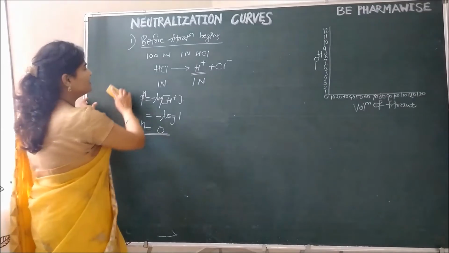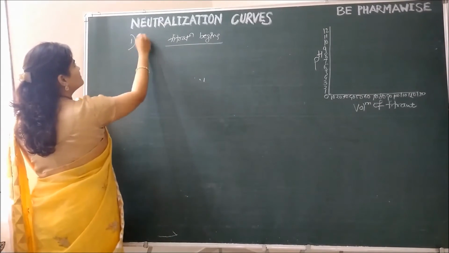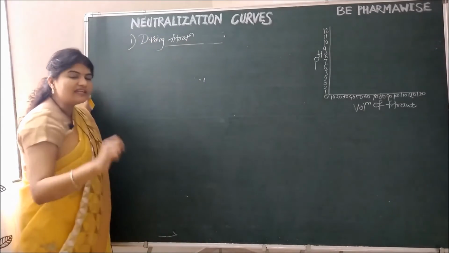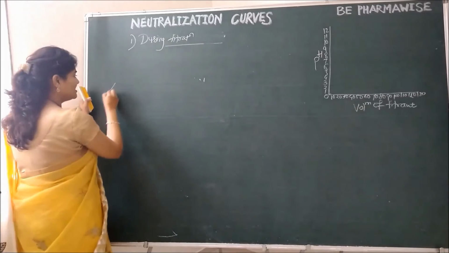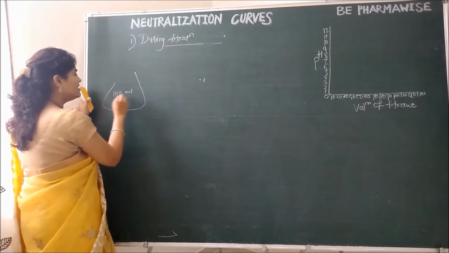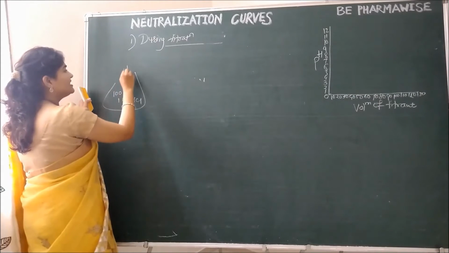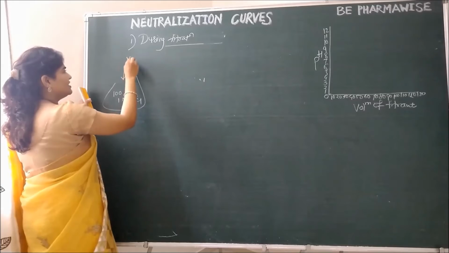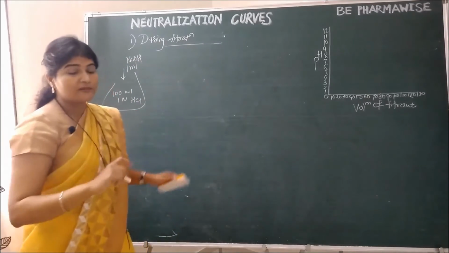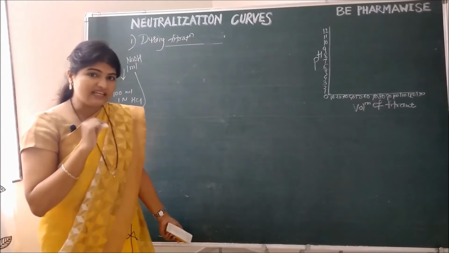Okay. Then we will proceed towards during the titration. So during titration, what will happen now? Imagine this is the conical flask. Here it is 100 ml 1 normal HCl. Now what you do is you are adding 1 ml NaOH from the burette. Now that 1 ml of NaOH must react with the 1 ml HCl in the conical flask.